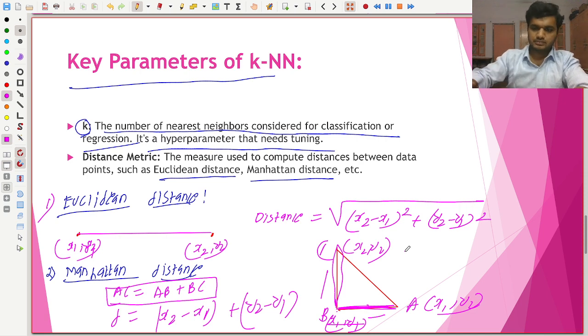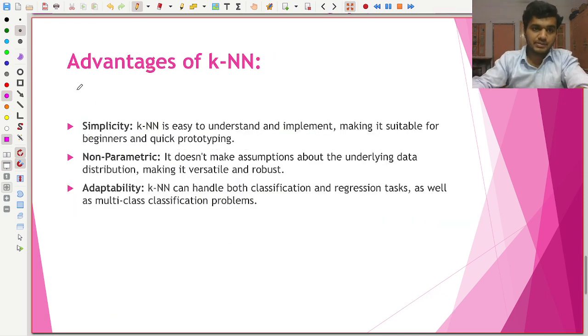Okay. So after that, advantages of KNN. So the first advantage is simplicity. It is very simple. KNN is easy to understand and implement, making it suitable for beginners and quick prototyping. And it is also non-parametric.